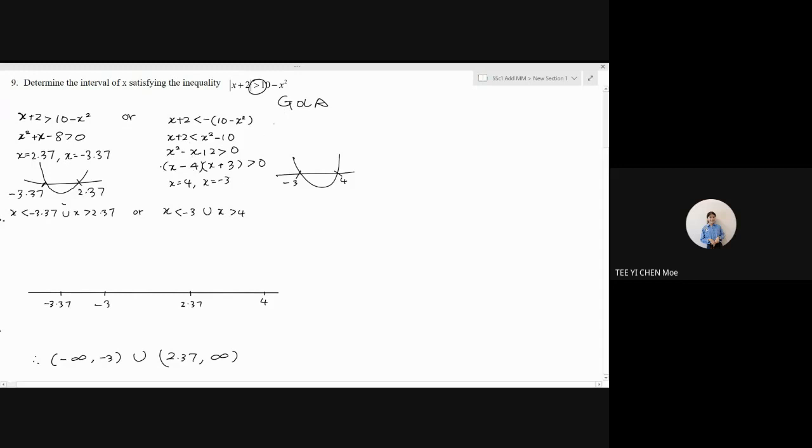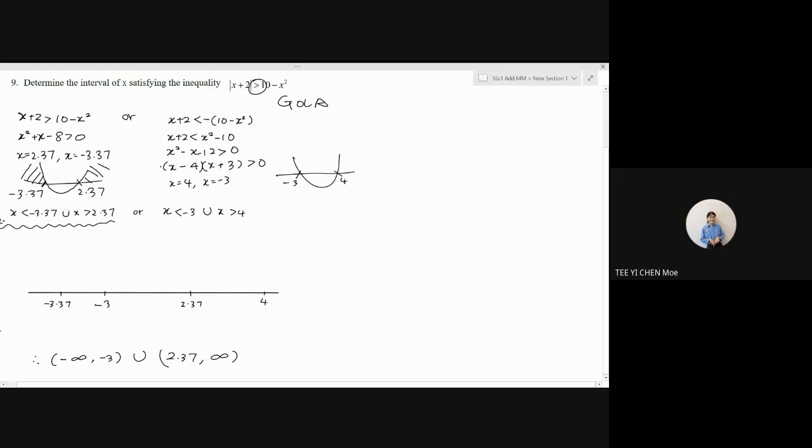And I'm going to sketch the upper part because the y value is greater than 0. Okay, so from here I get that my x is less than negative 3.37 union x is greater than 2.37.